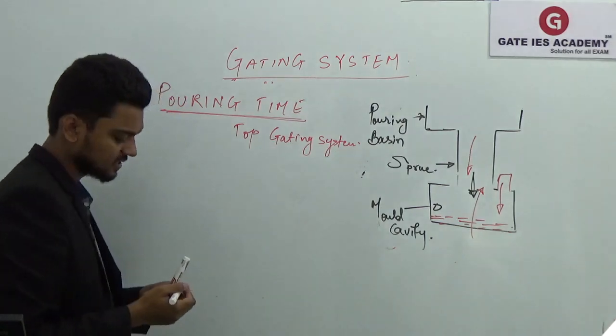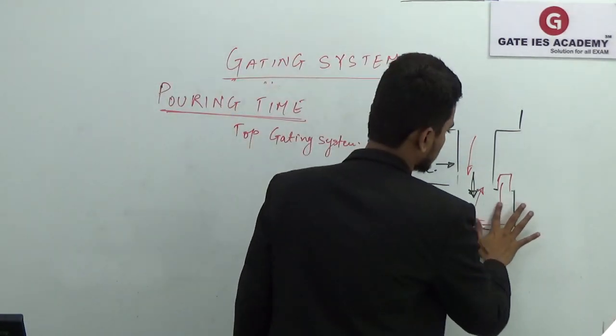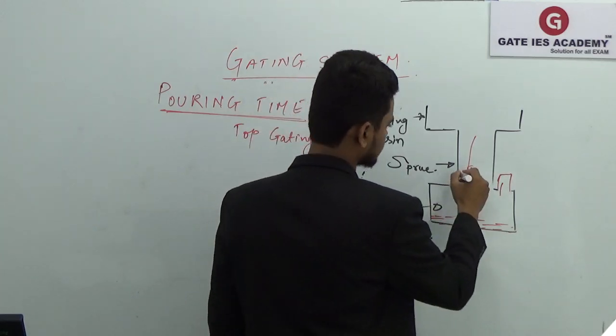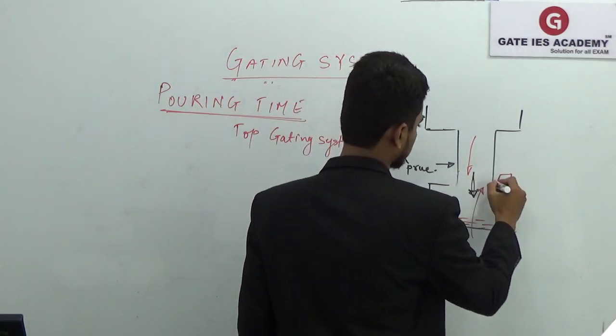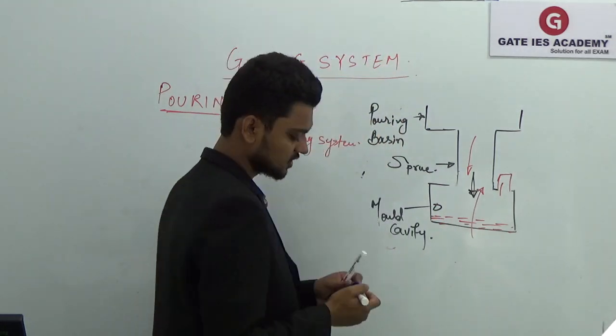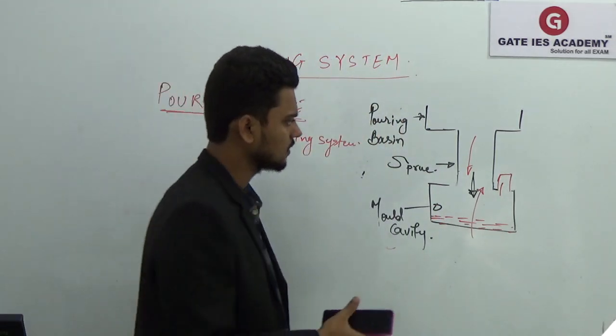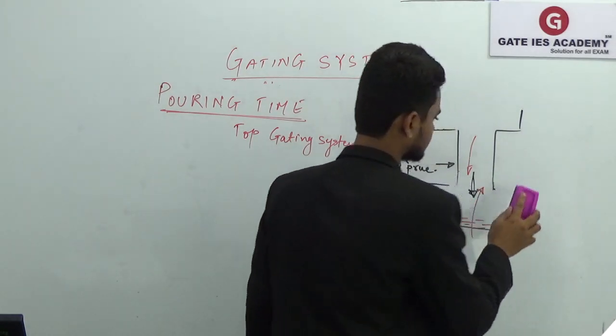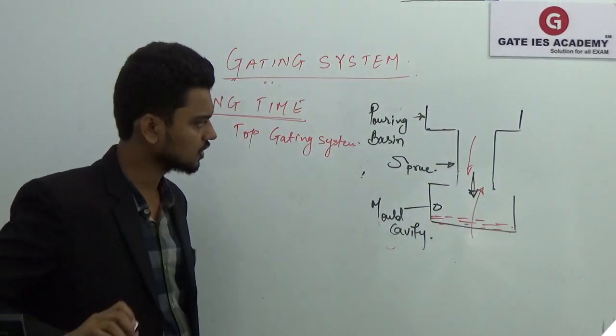So this is your top gating system. Here you can see that this is your top gating system, and this is your sprue.